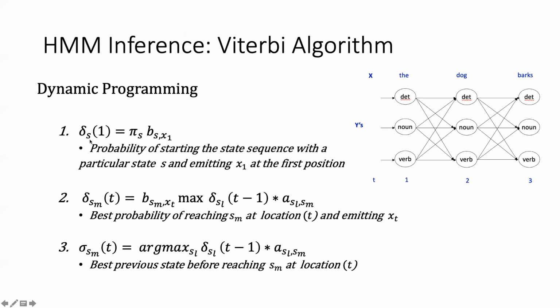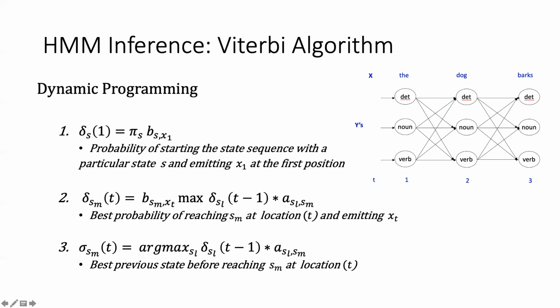The initial delta of S at position 1 is the probability of starting in the state S and emitting the symbol x1 in the first position. This is computed by the initial probability and the emission probability of being in a state S and emitting the word x1.